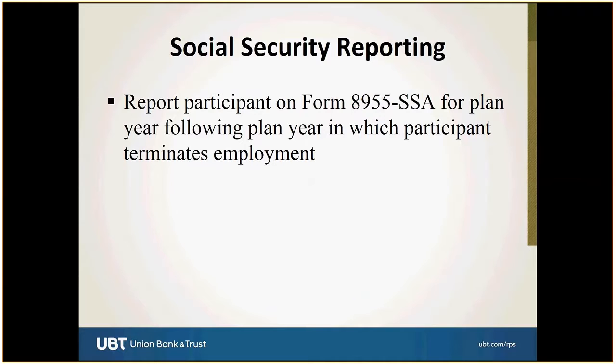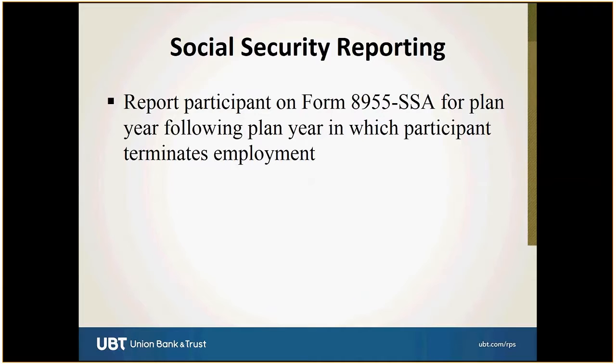And what this report does is it's a notice to the IRS that gets forwarded to Social Security in the year after the year in which a participant terminates, and that participant terminates with a vested benefit under the plan.